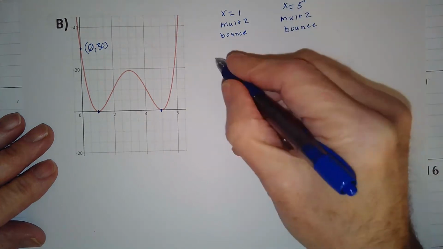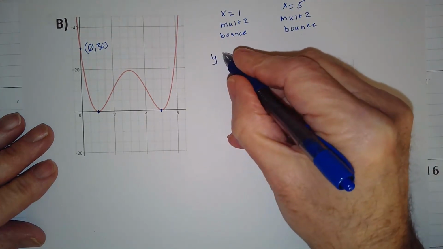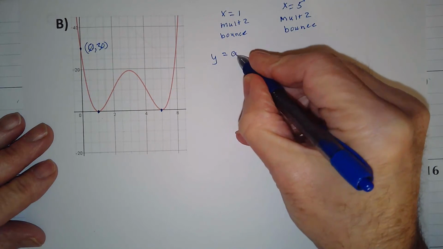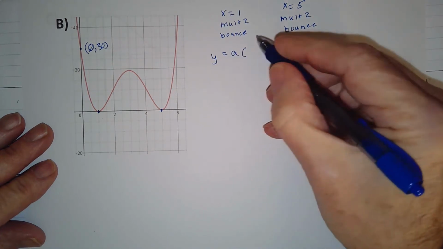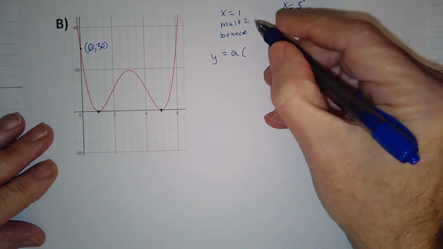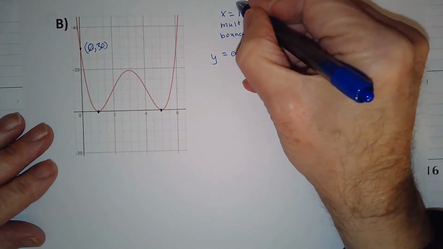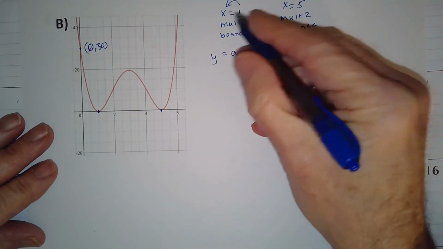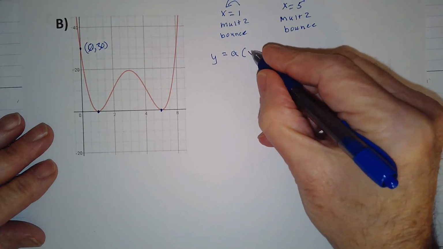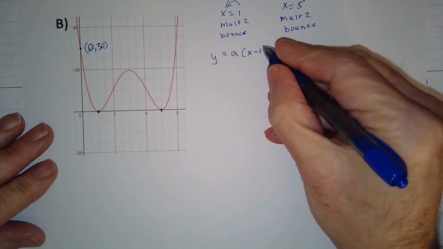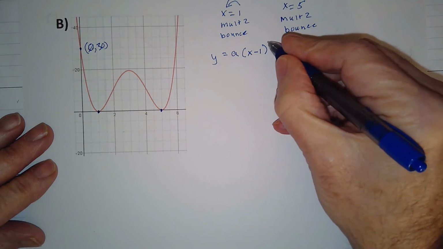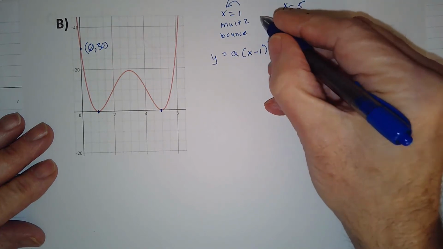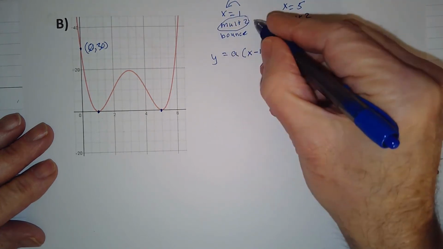Right? And let's set up our equation then. Y equals our A times, and if you remember, we're going to find out that x equals 1 when we move it over. So x minus 1, and then it's going to be squared because we have this multiplicity of 2 here, right?